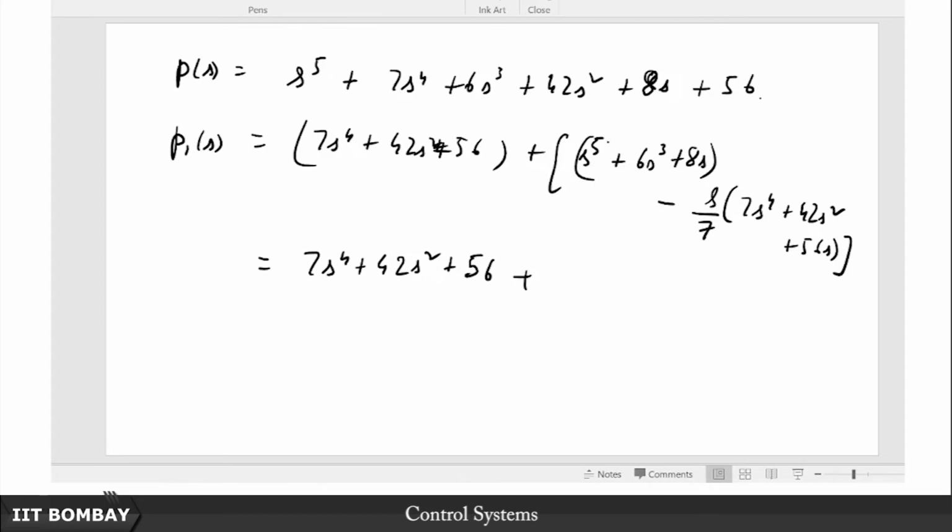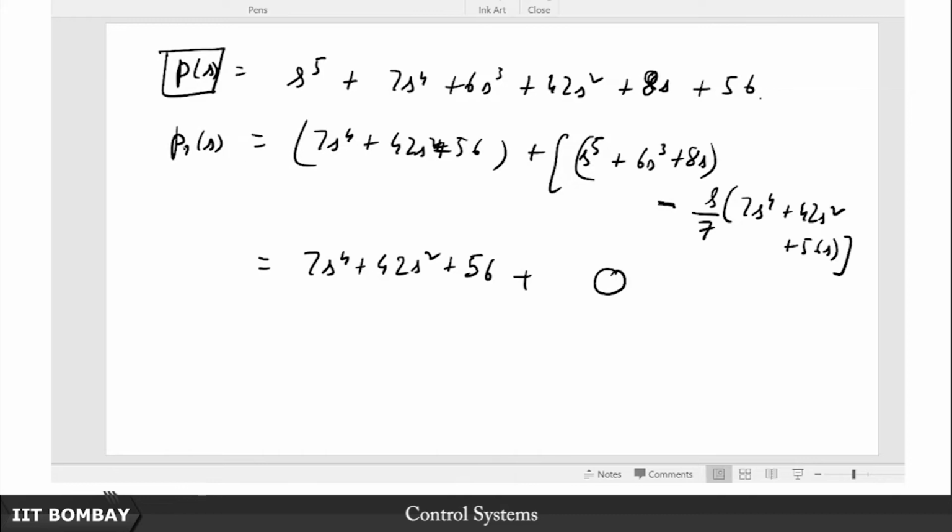So in my bid to nullify this s to the 5, I have eventually made all of this 0. What does this mean? This means, notice very carefully what I am going to say now next. This means that this original polynomial can be factorized.